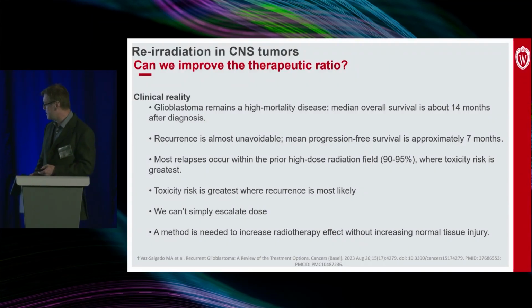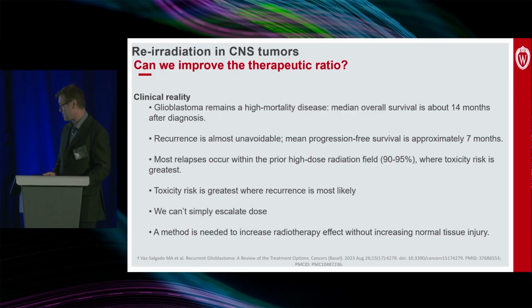So the challenge that we meet in this regime is mainly with glioblastoma. It remains a super high mortality disease with a median overall survival of around 14 months, and recurrence is almost unavoidable. The mean progression-free survival is around 7 months.